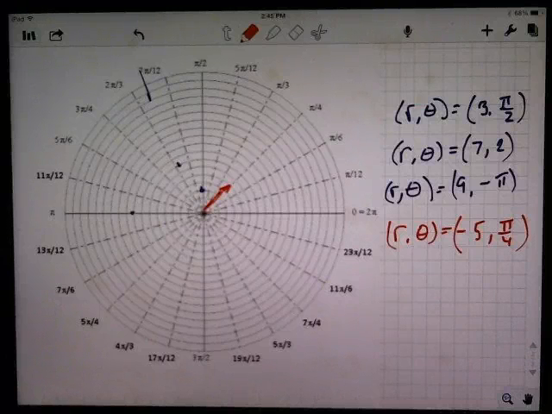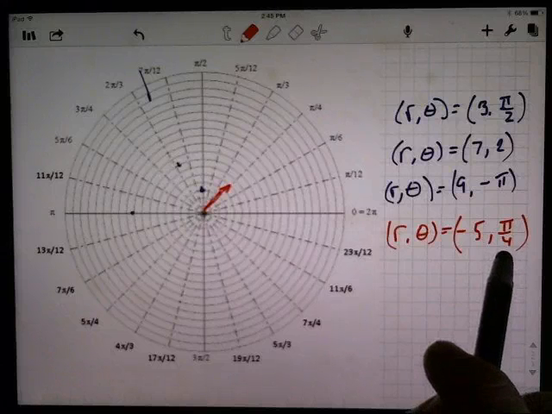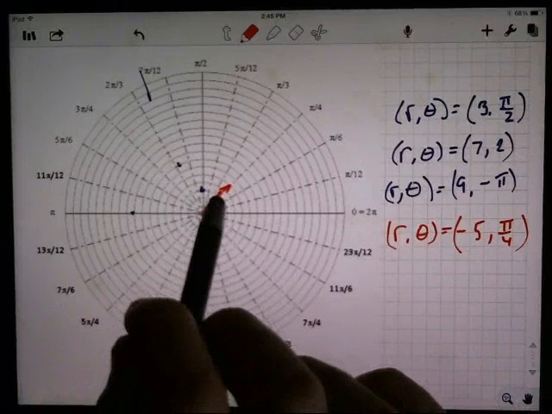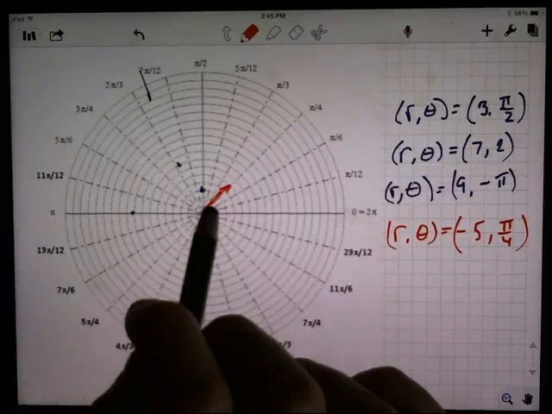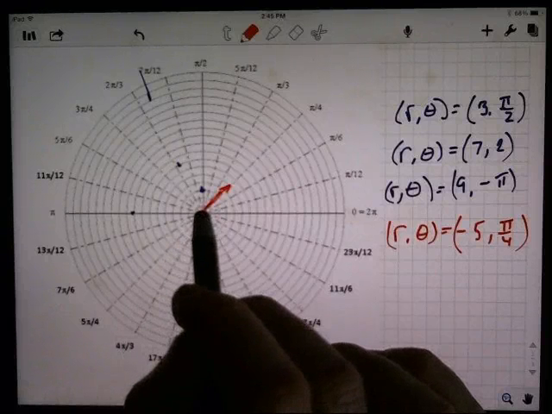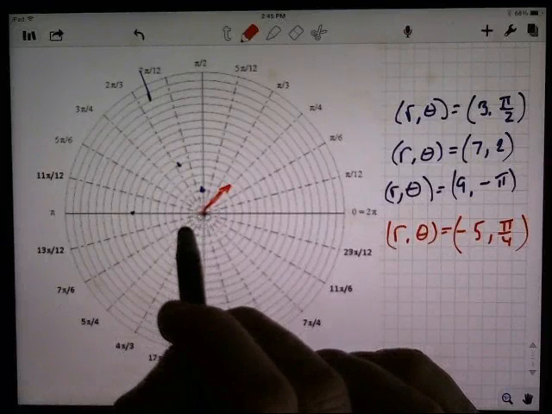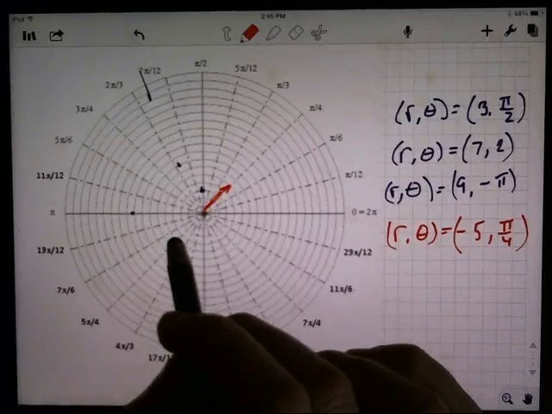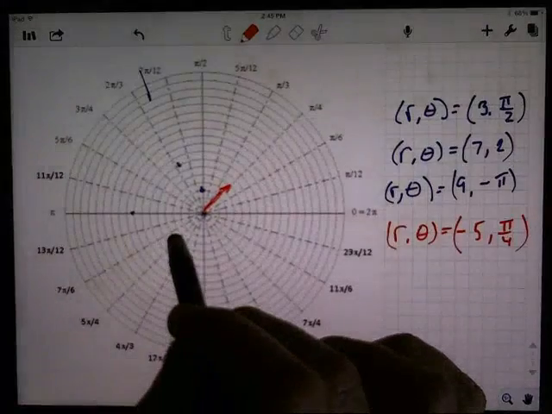Now, when we were doing trig of any angle, we never allowed r to be negative. In polar coordinates, I do want to allow r to be negative. There's a lot of stuff that I can do with r negative. I just got to be able to think of this properly. If I say, look in the direction of pi over 4 and go negative 5 in that direction, you might think, well, how do you go negative 5? Well, just back up. 1, 2, 3, 4, 5. So I'm at, not that point, right about there.